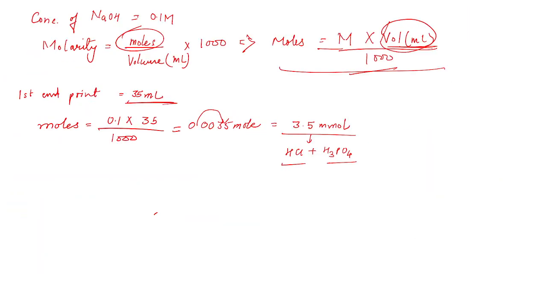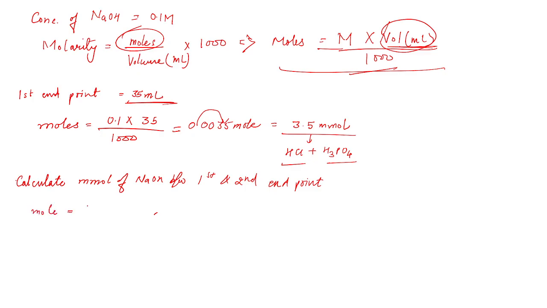So for the second endpoint, we need to calculate the millimoles of NaOH between the first and second endpoint only. Okay, how are we going to calculate it? Use the same formula.